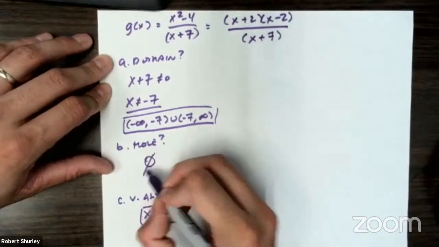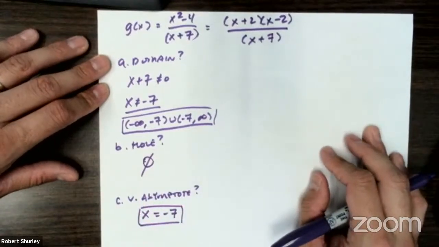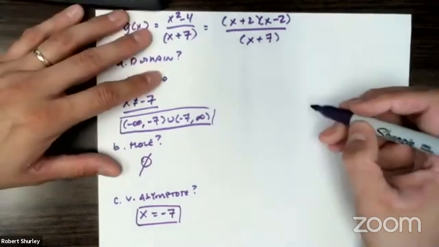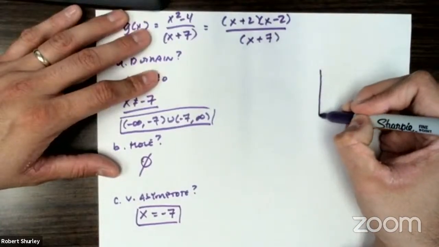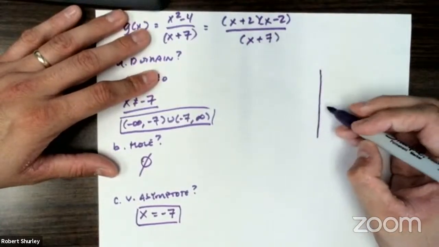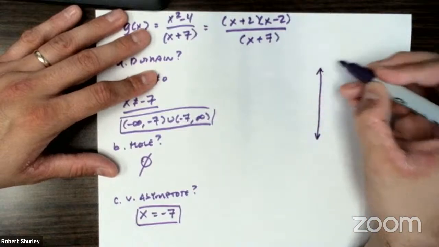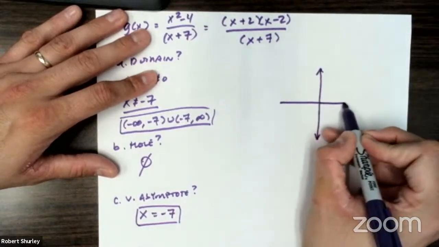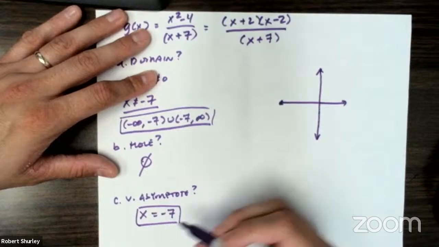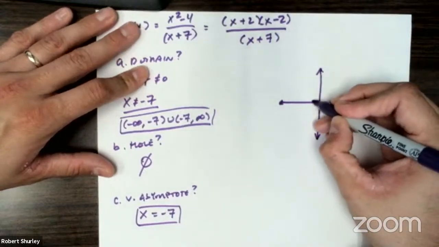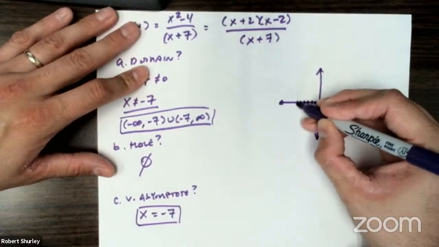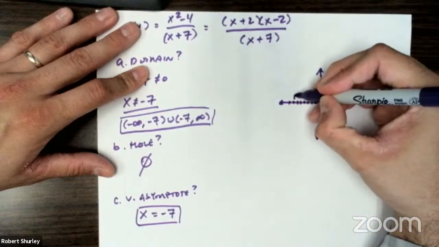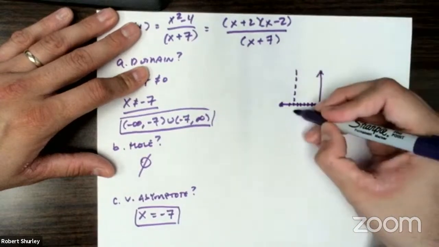And there's no hole, okay? Now, if I want to do a quick sketch of this one, I should have done a quick sketch of the last one. But I know I've got a vertical asymptote at negative 7. 1, 2, 3, 4, 5, 6, 7. So it's just going to be this nice vertical line right there.